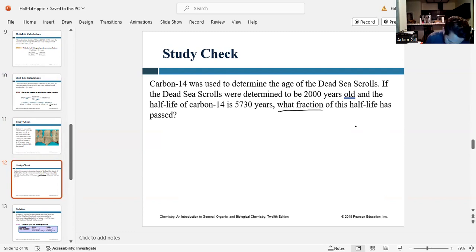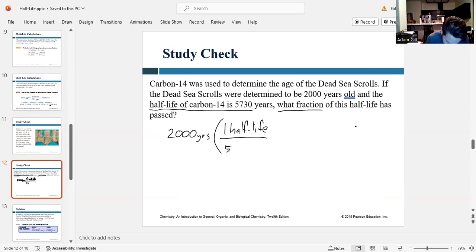So 2,000 years. And we know that the half-life is 5,730 years. So there's one half-life for every 5,730 years.